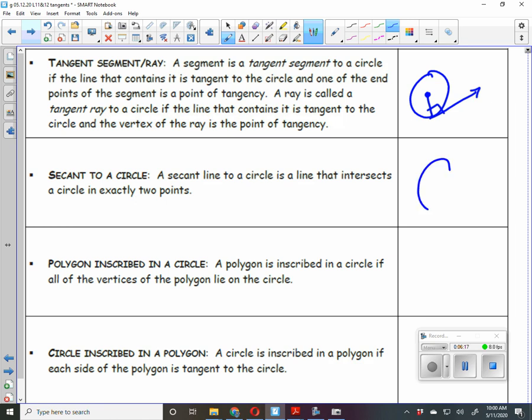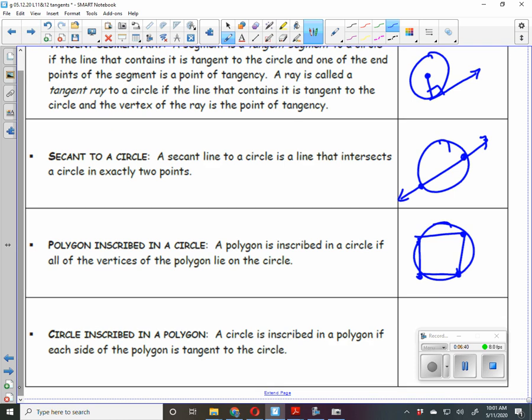A secant, remember, is just something that intersects twice. Inscribed polygon, we've worked with these. That means all 4 points are going to hit the circle. And a circle inscribed in a polygon looks like this.